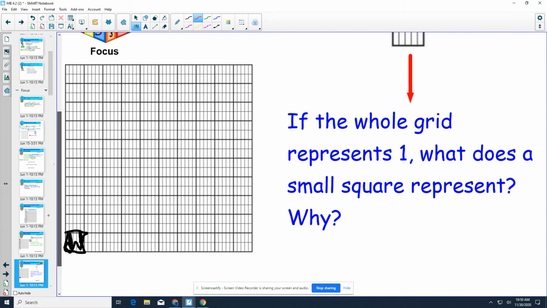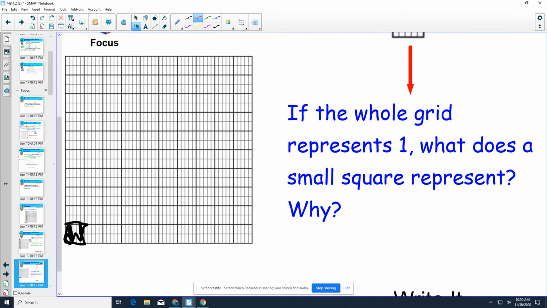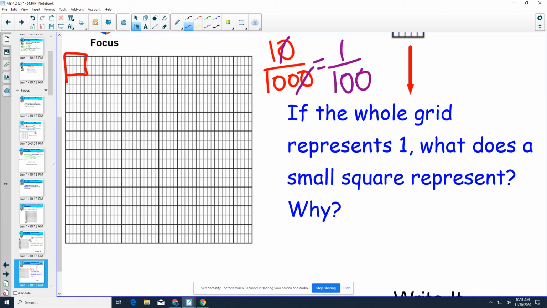Okay. Now, if the whole grid represents 1, what does one small square represent? Okay, so I know that's 10. I'm going to erase this one. I know that's 10 out of 1,000. And I could mark off my common 0 here and here, and I could say that it's also 1/100th or 10 thousandths.